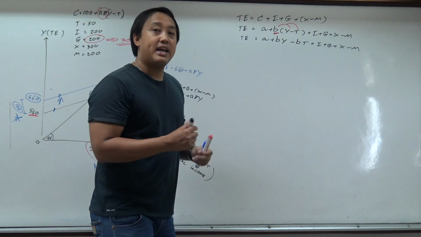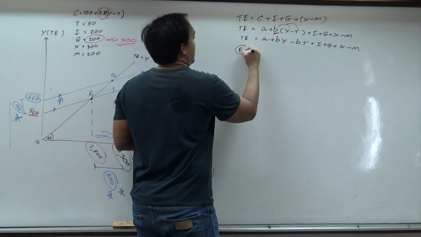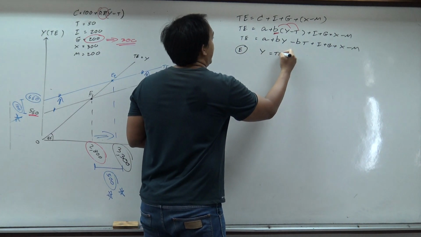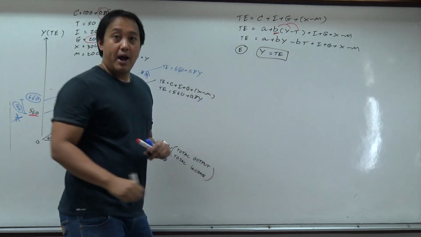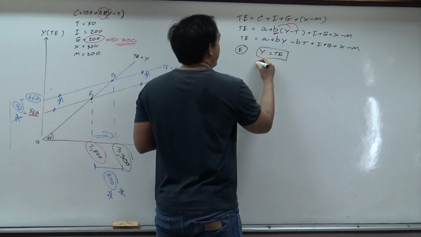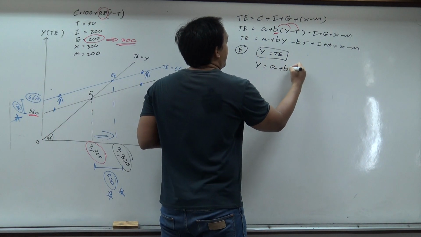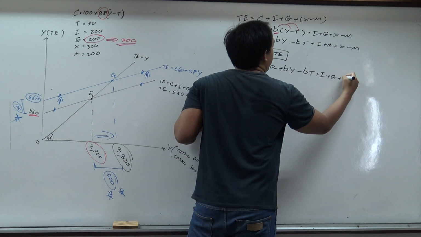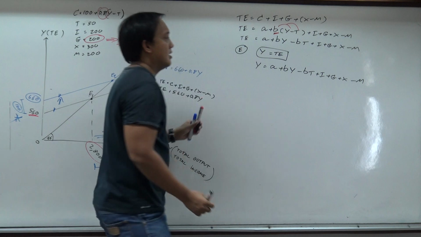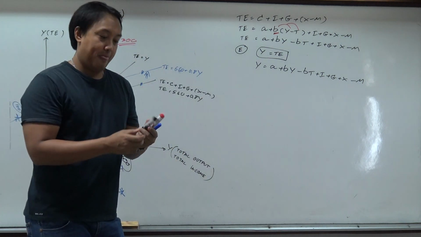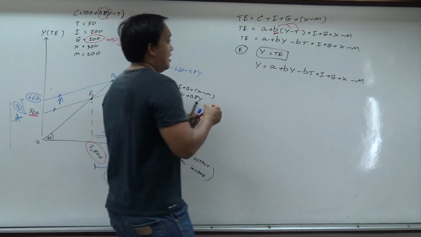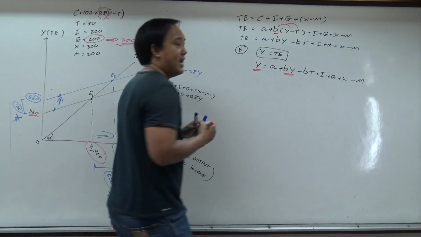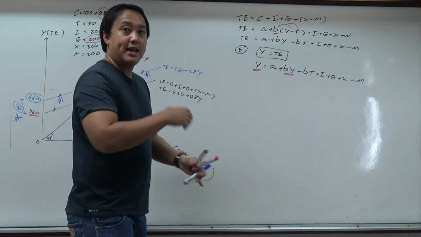Next is the equilibrium point. Y is always equal to TE. Right? And then I put TE inside this equation. Y equals A plus BY minus BT plus I plus G plus X minus M. And then this is Y, this is Y, so I can move it to the same side.